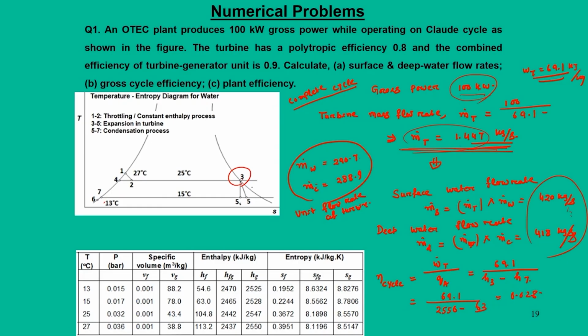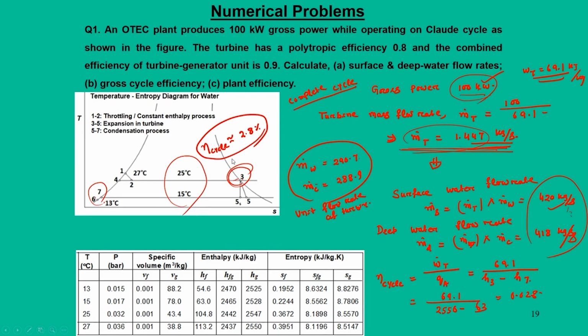So, what it means is that by virtue of this temperature difference at locations 3 and 7, which is the maximum available enthalpy, and within this 10 degree temperature difference, your cycle efficiency is approximately 2.8%, and for the power requirement and mass flow rate, this efficiency is quite less.